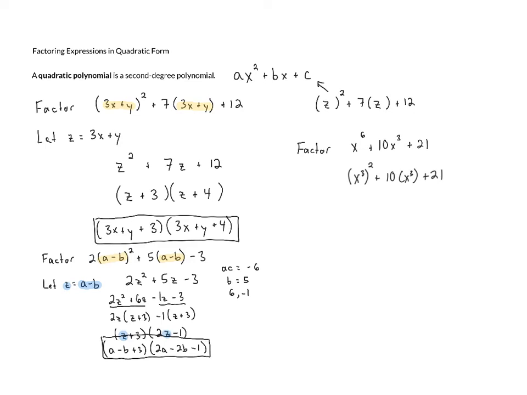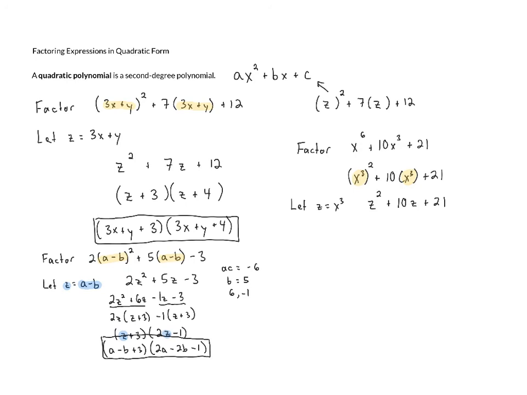And if we do that, then we recognize that the substitution we need to make is z equals x cubed. So let's let z equal x cubed. When we do that, this becomes z squared plus 10z plus 21.